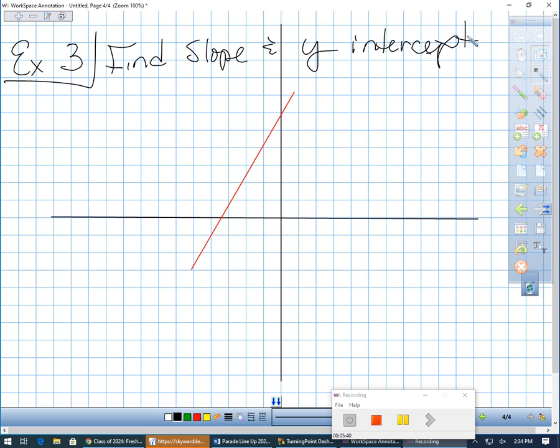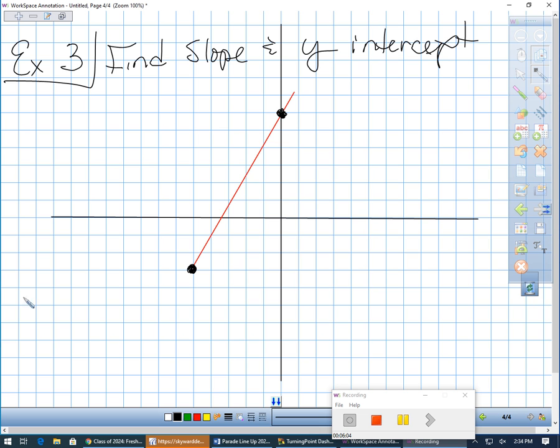When you're finding the slope, I need you to find 2 points that cross exactly on the grid. So if you look at our line here, you can see that there is a point that crosses. So we can start with this one right here where I started. And we can say it crosses right here. Maybe there's one in the middle, maybe there's not. But as long as you find 2, okay?